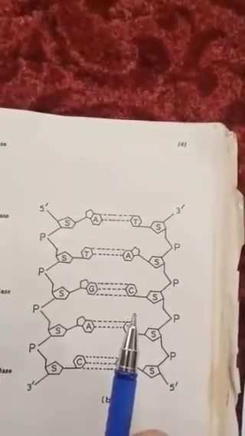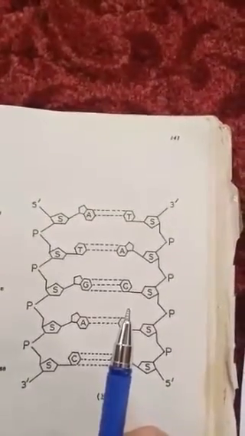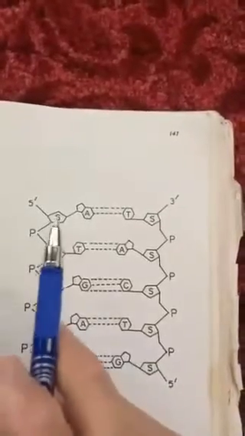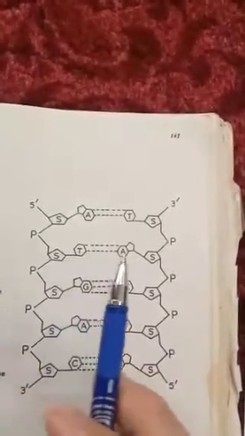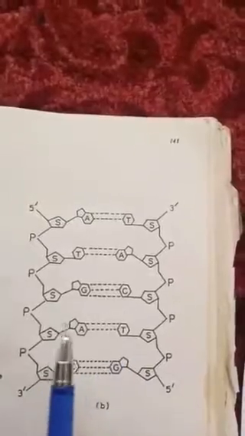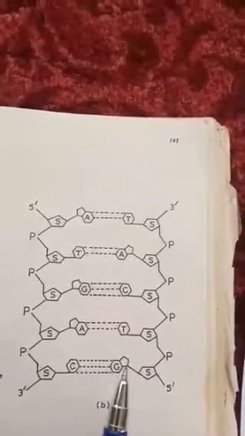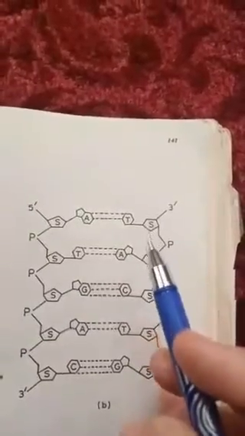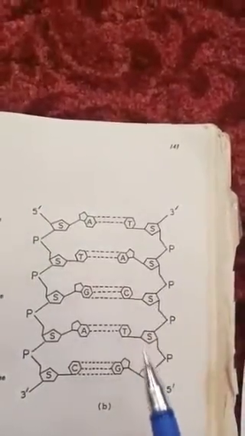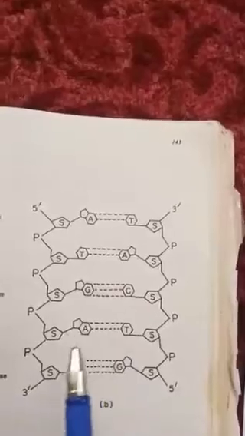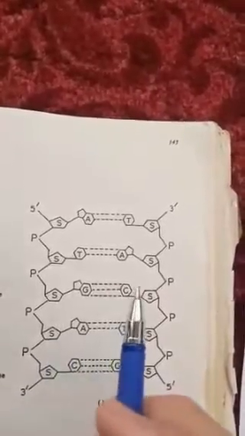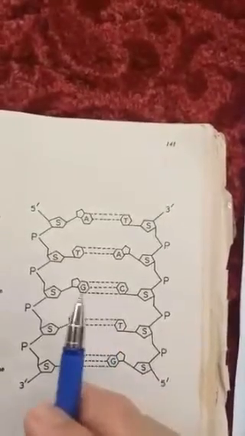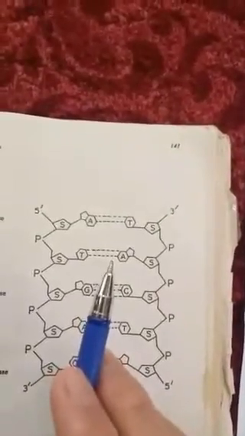These purines and pyrimidines are stacked one above the other in the interior of double helix. This is outer side of double helix, sugar and phosphate. This forms the backbone, and these bases are present one above the other in the interior of double helix.